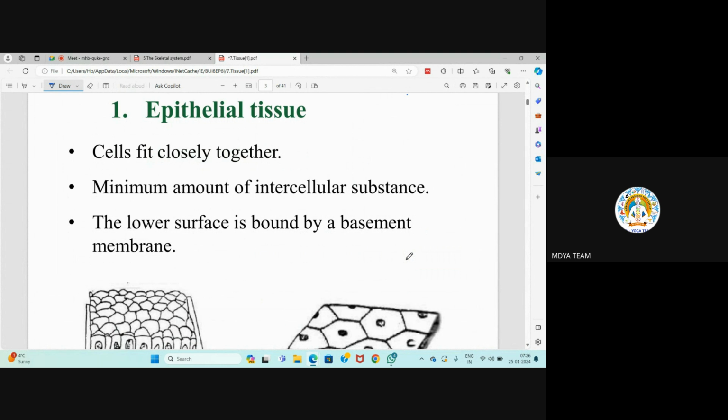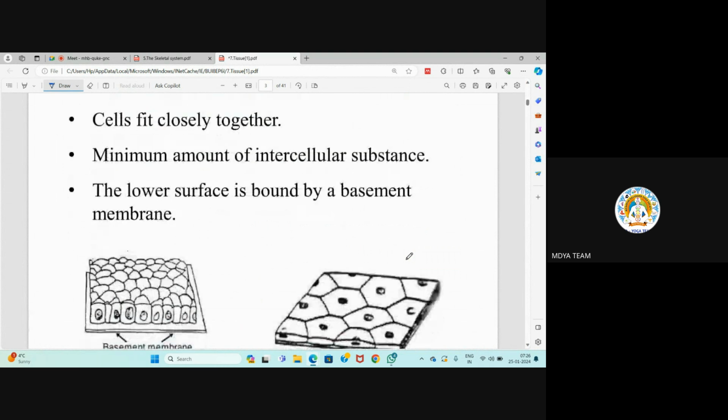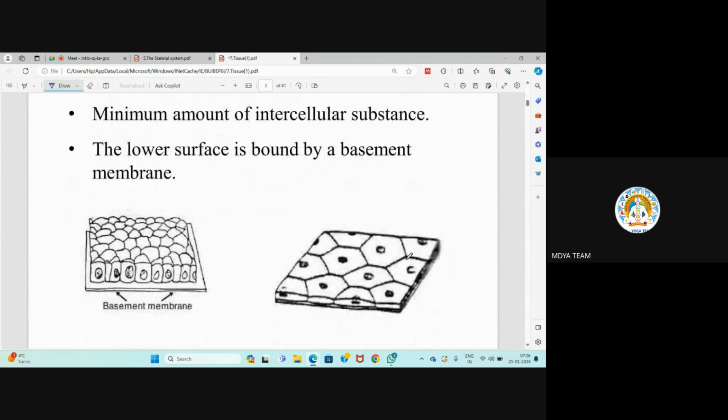There is a very small, almost negligible gap between two cells. You can see in this picture the texture of epithelial tissue: cells are fitted closely, with a very negligible amount of intercellular space.